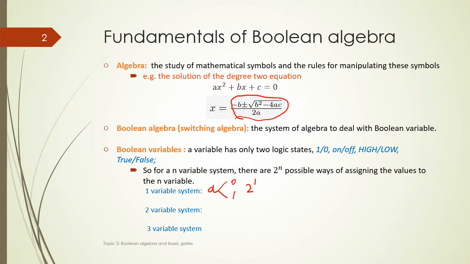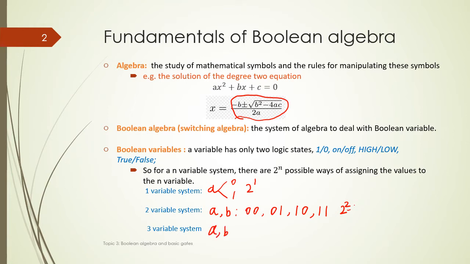If I have a two-variable system, say one variable A and another variable B, then I have different combinations. A could be 0 and B could be 0, or A is 0 and B is 1, or A equals 1 and B equals 0, or A equals 1 and B equals 1, right? So four possible ways. That's 2 to the power of 2.